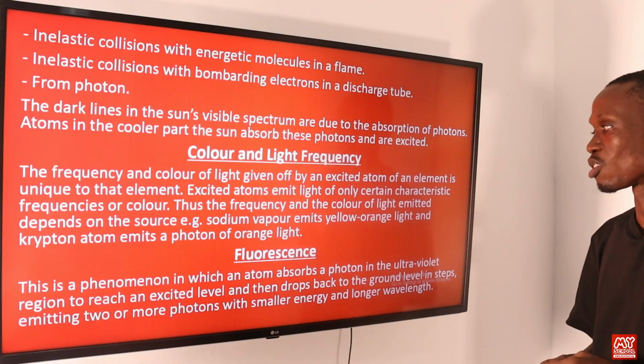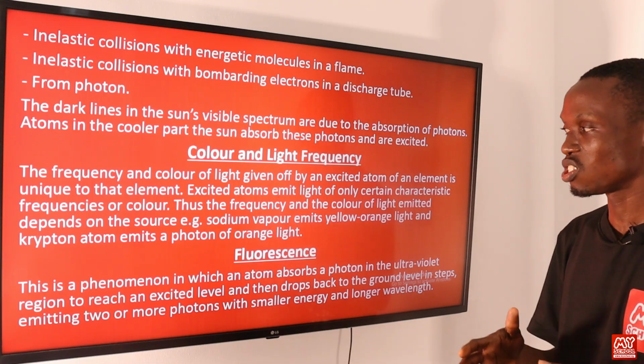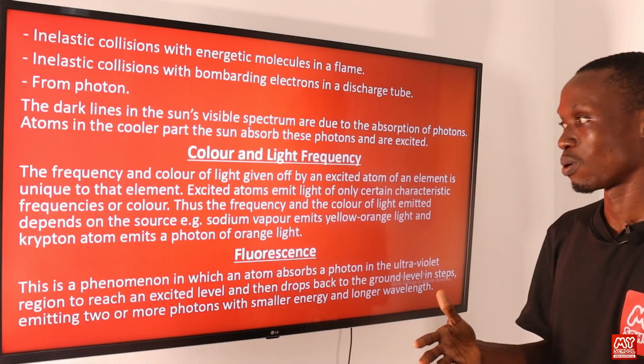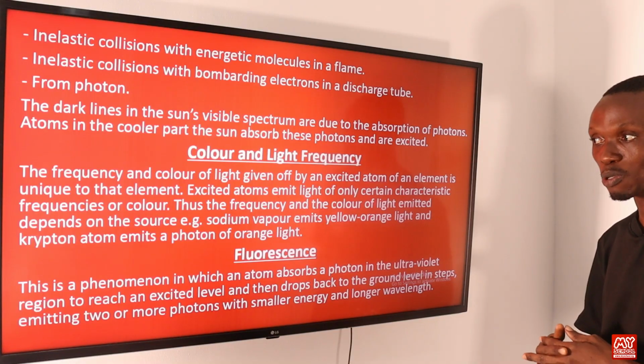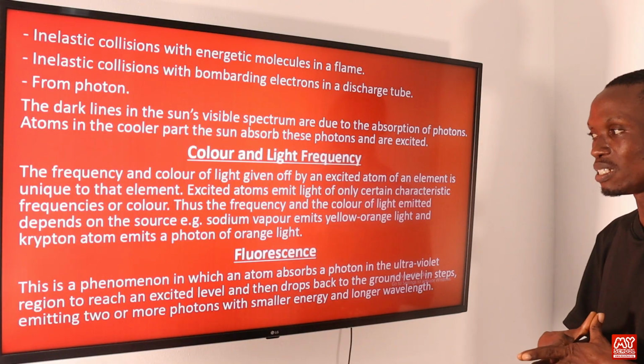Thus, the frequency and the color of light emitted depends on the source. For example, sodium vapor will emit yellow-orange light, and a krypton atom emits a photon of orange light.